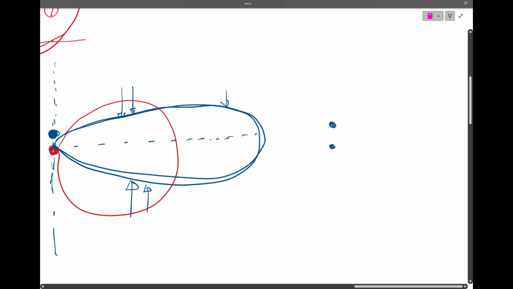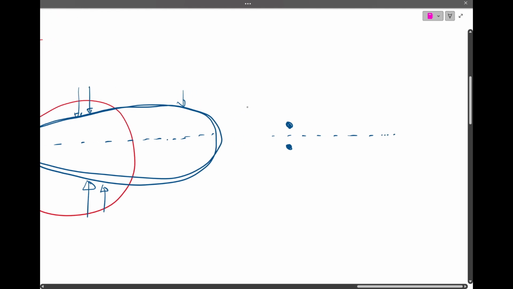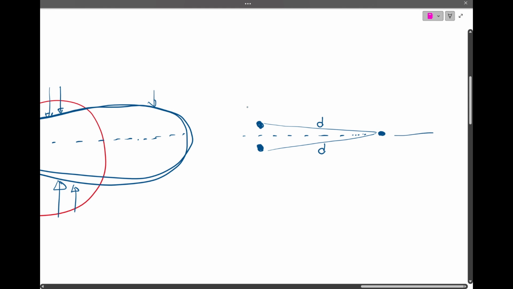This is because of how the two different electromagnetic waves will add up. Consider this example, we'll just discuss this in brief. Let's consider this point. The two waves coming from these two elements, since this point is at the same distance, let's say distance d, from both the elements, will constructively add.